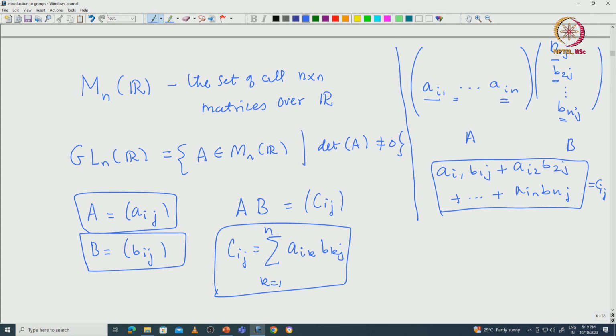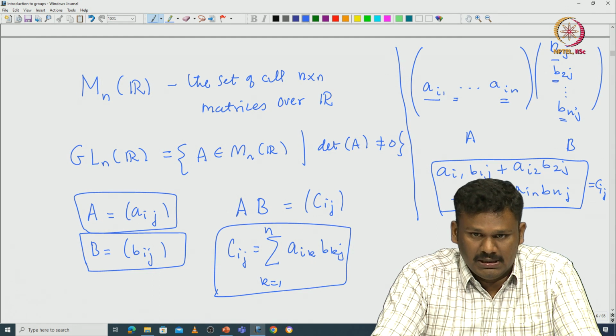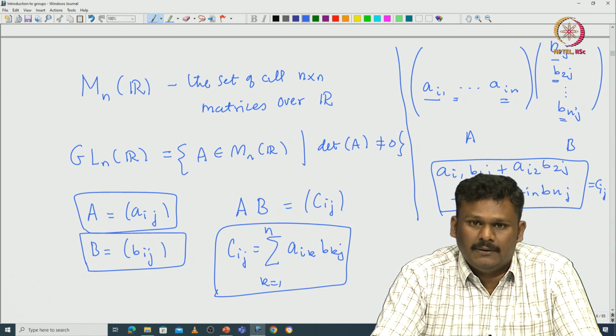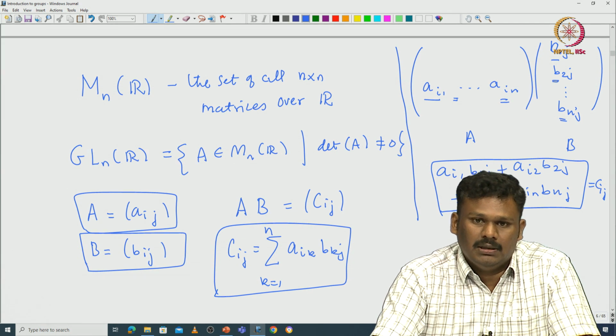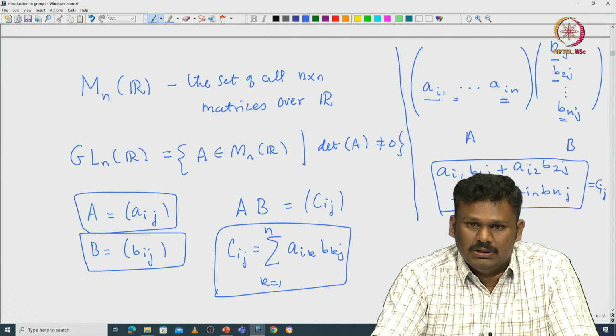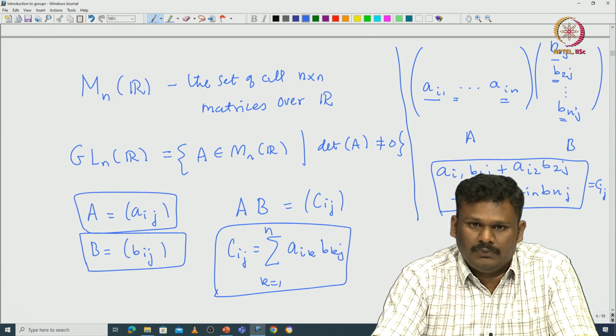Now it is not hard to see that if A is invertible and B is invertible, then the product AB is also invertible. You can obtain that from the determinant formula: the determinant of AB is equal to the determinant of A times the determinant of B. Using that formula you can easily see that if determinant A is non-zero and determinant B is non-zero, then the determinant of AB is also non-zero.